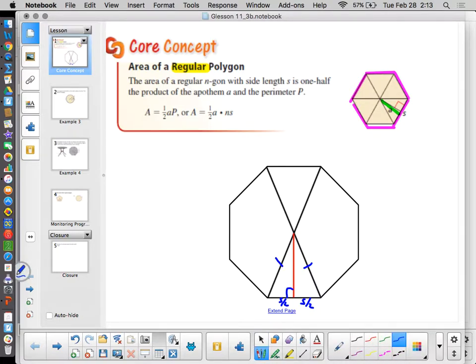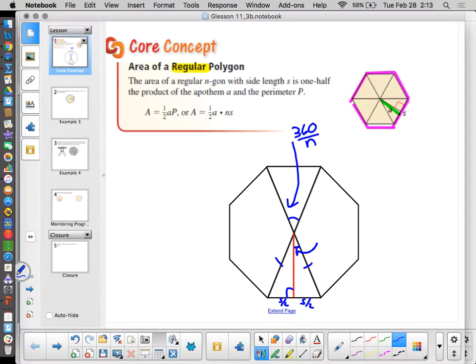We also learned very quickly how to find the measure of this central angle, because that central angle is really simple. That central angle is just 360 divided by the number of sides. And this angle right here has to be half of a central angle, because the isosceles triangle, we drop the altitude in.